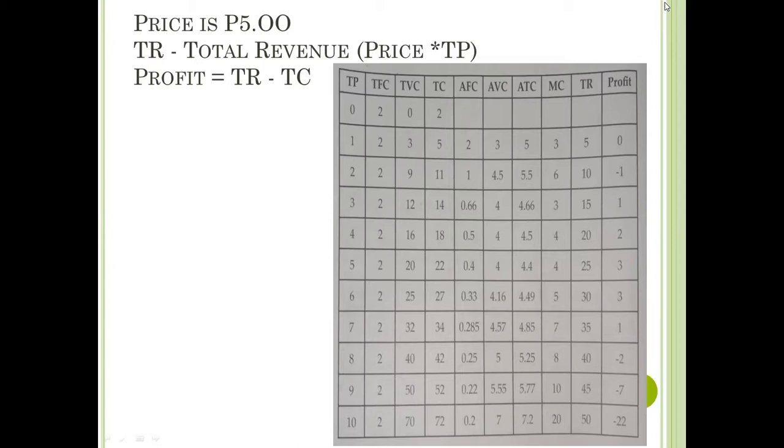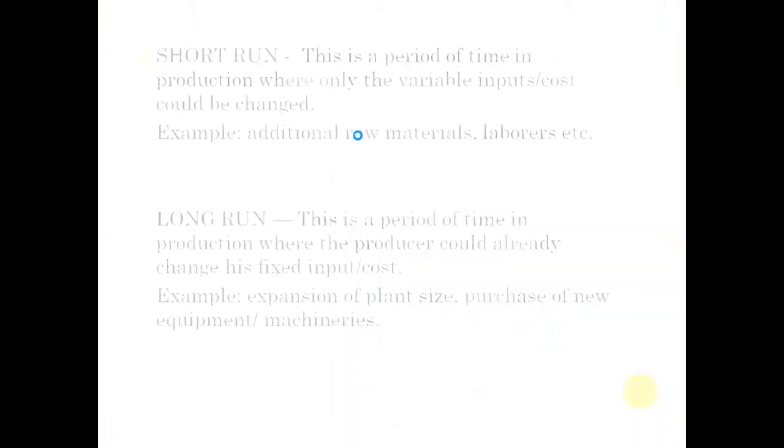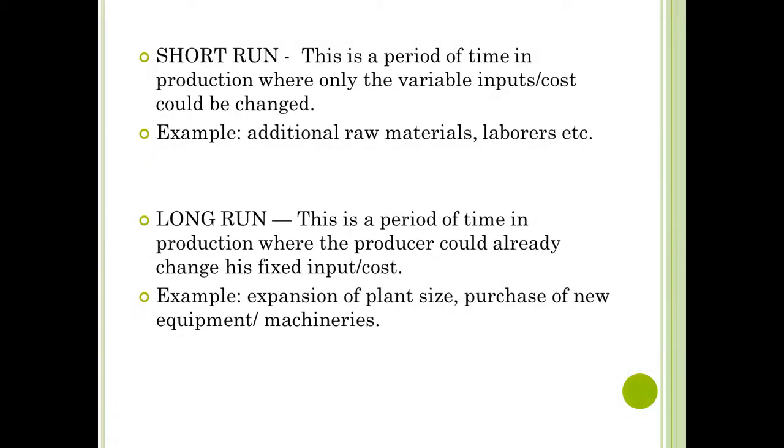As we continue to increase our production, we also continue to incur additional costs. It does not follow that whenever you have the greatest number of production, maximum profit is at hand. In our table, we have noticed that the producer should stop producing at total product 5 or 6 where it has the greatest profit.